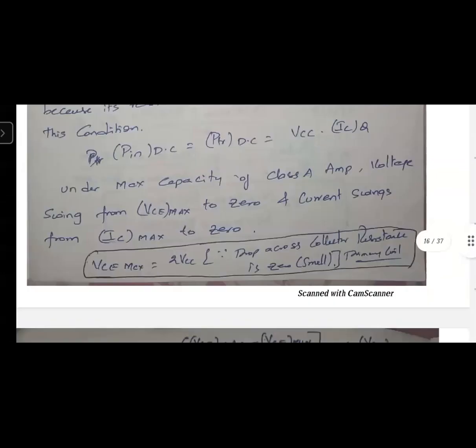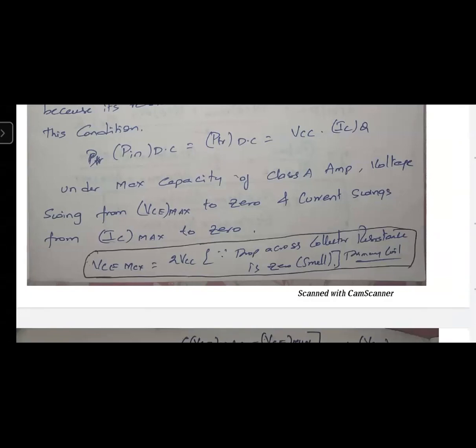Under the maximum capacity of the class A amplifier, the voltage is swinging between 0 and VCE maximum. In the waveform, similarly, the collector current is also changing from 0 to IC maximum. That is, VCE minimum is 0, IC minimum is 0.